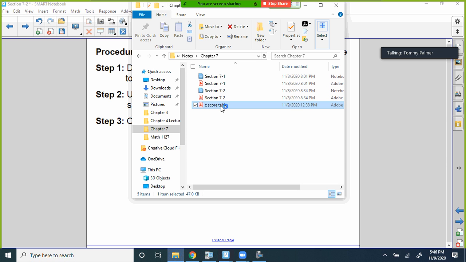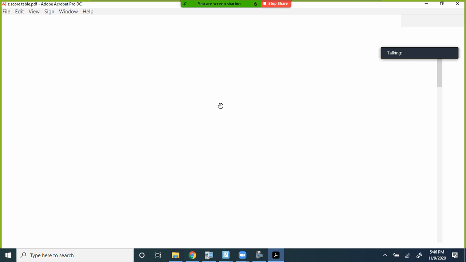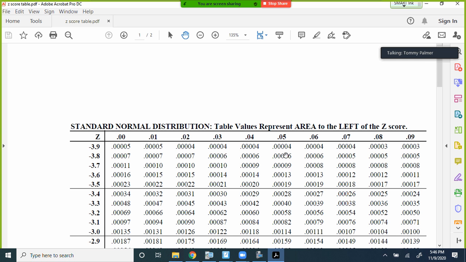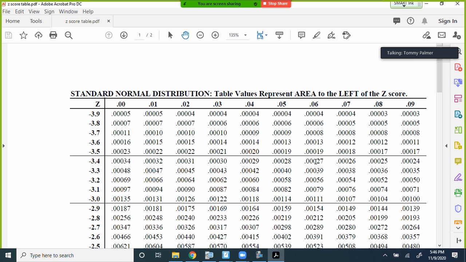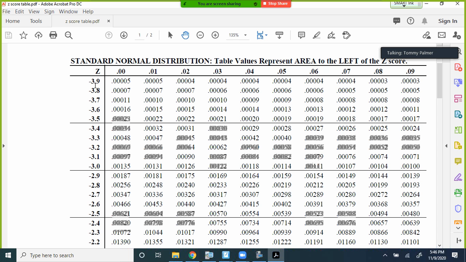Here's a z-score table. I can put it up in Blackboard if you want to copy it off, but it goes to 5 decimal places. Some of them only go to 4, but this goes to 5. You can see it starts at -3.9, with -3.91, -3.92, and so on.